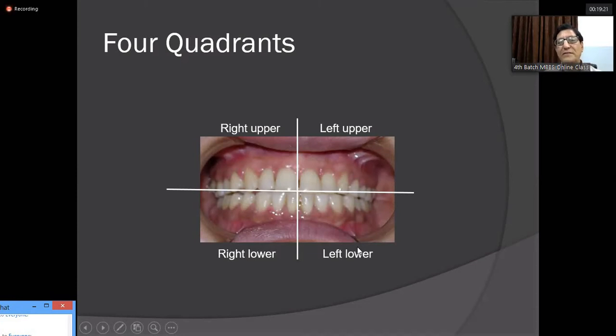These are the quadrants. And then instead of right upper, this is right maxillary, this is left maxillary, this one is right mandibular, this one is left mandibular. Now, when you talk about this, you can say this is left mandibular teeth. Number 1, number 2. We'll come to that afterwards.